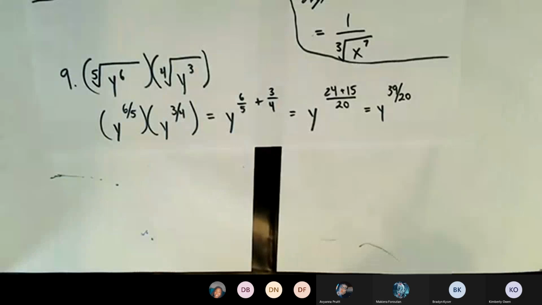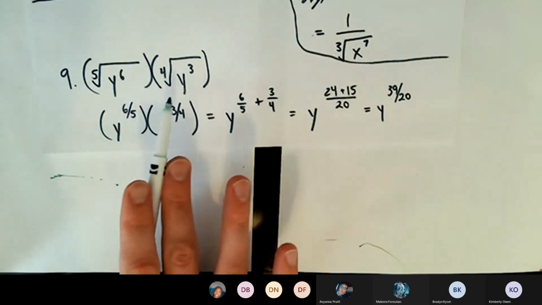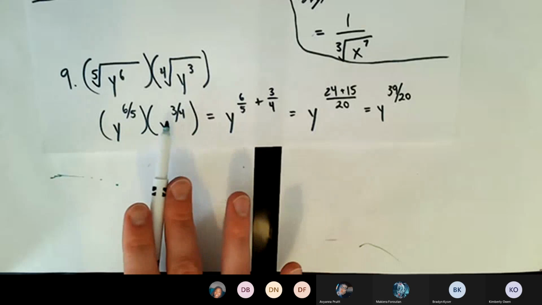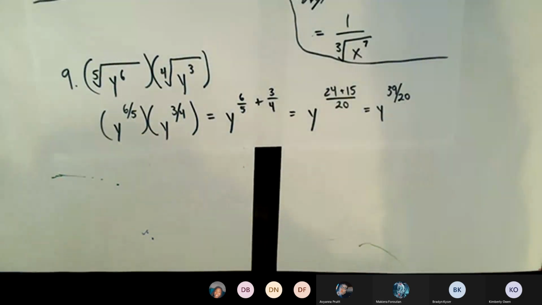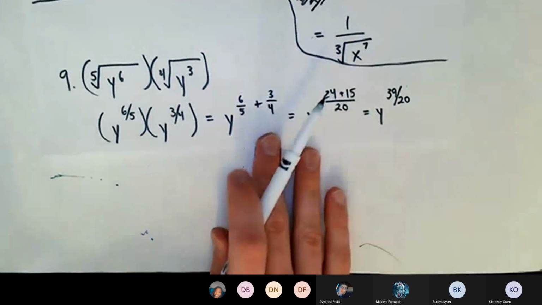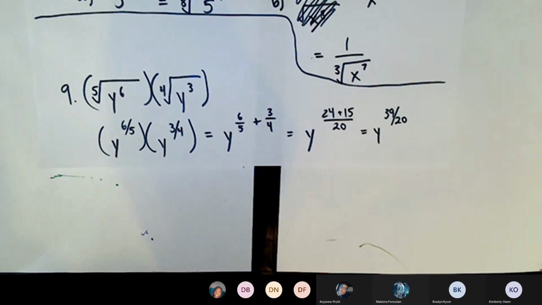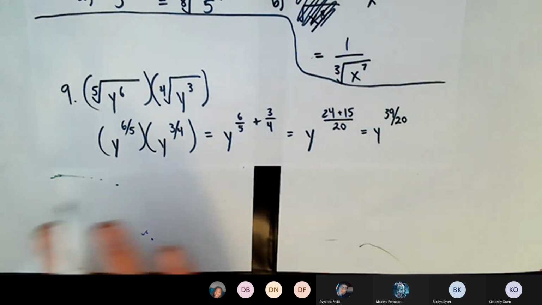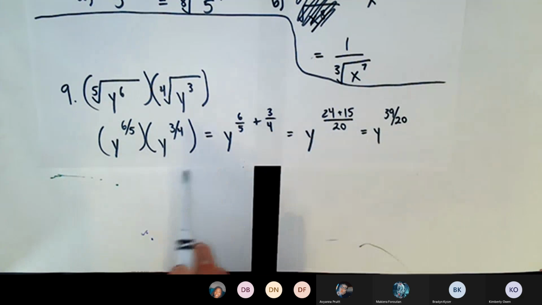So kind of a long walk to get there, but the idea is if you've got the product of two weird radicals, you can write them in rational exponent form. Then you can use exponent rules. So that's kind of the point. The point of this whole rule, writing radicals as exponents, is that now it's a justification for using all the exponent rules we have on radicals, like this, for instance.